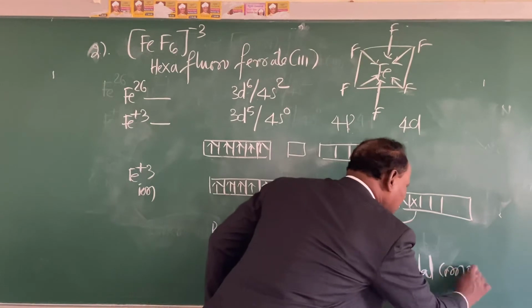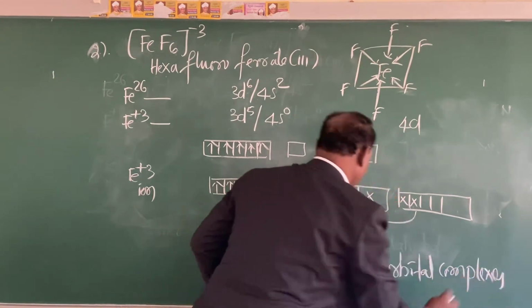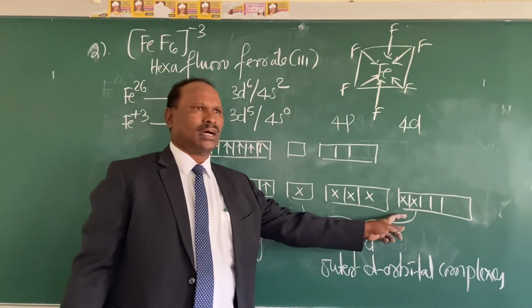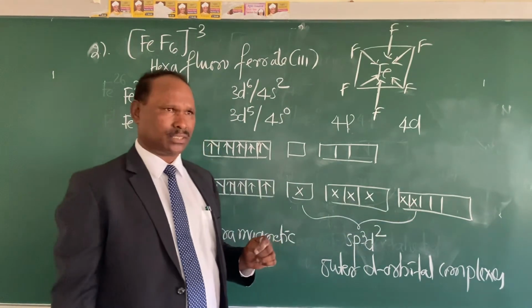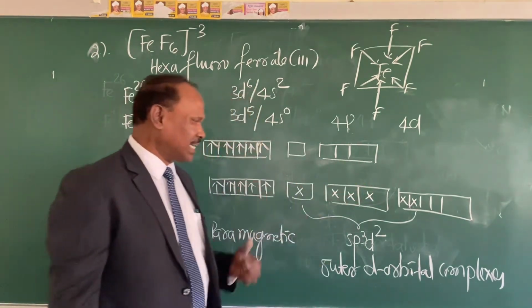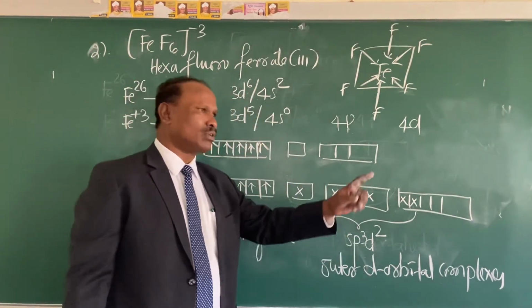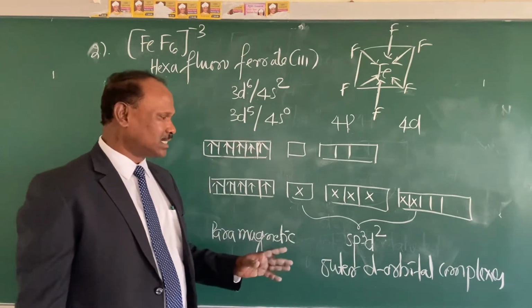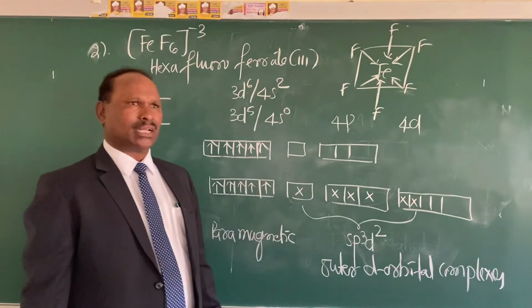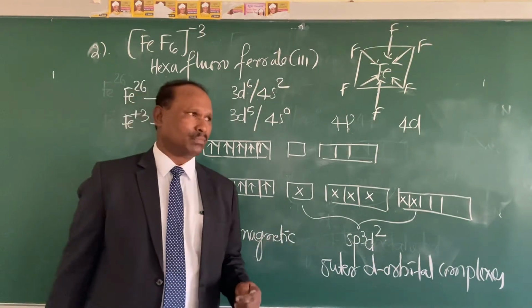Why are they called outer orbital complexes? Because they are formed by the use of outer d orbitals. So they are formed by the use of outer d orbitals and involve sp3d2 hybridization, and hence they are called what? Outer d orbital complexes or outer orbital complexes.